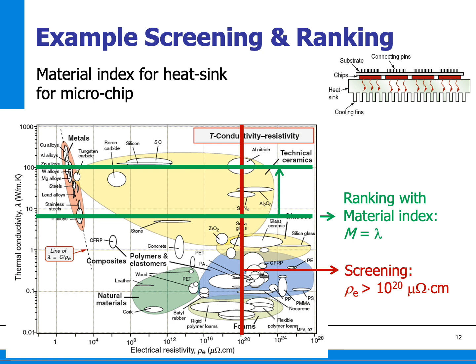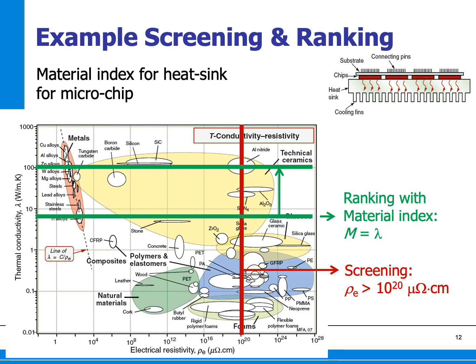When we move it up we find that aluminum nitride is in fact the material with the highest thermal conductivity, and that also satisfies our screening step, namely it has a higher electrical resistivity than 10 to the power 20 microohm times centimeter.